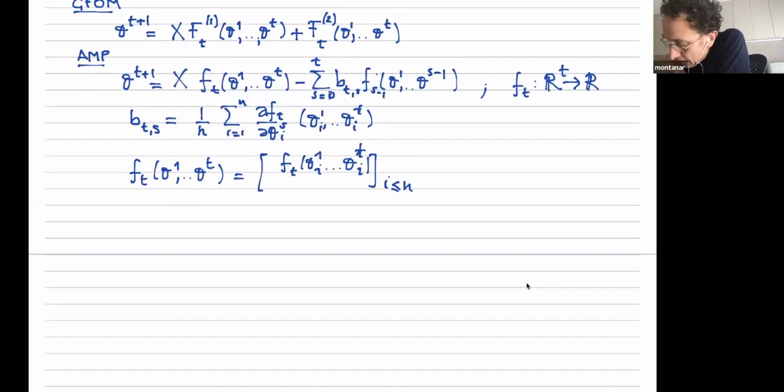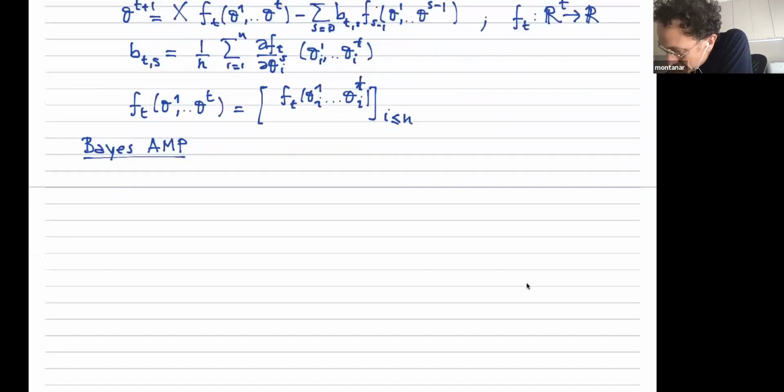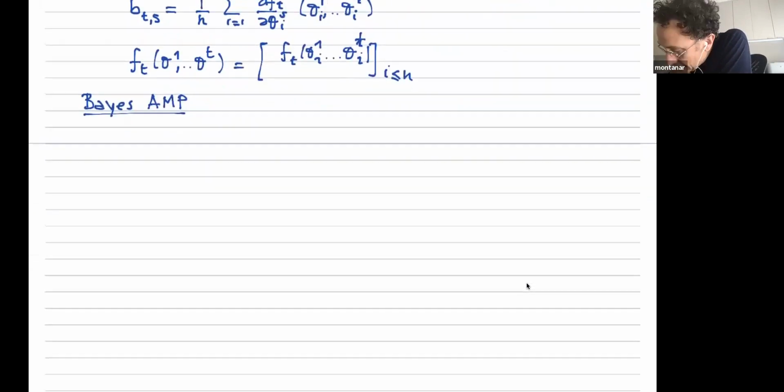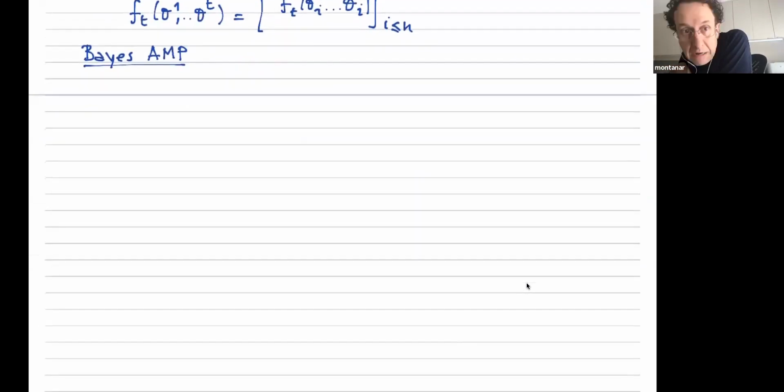Now there is a special case of AMP algorithm that I call Bayes AMP. Let me define that as well. In that case, I take a special form of this function.